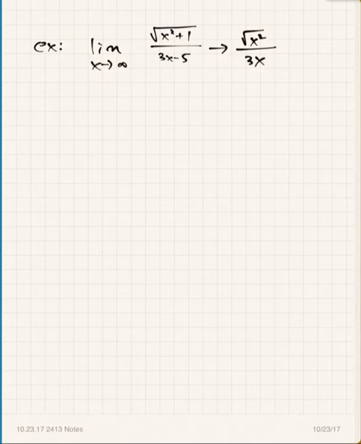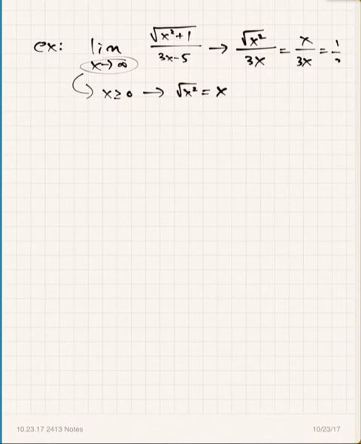And what's true, if x is going to infinity, x has got to be greater than or equal to 0. And so if that's true, the square root of x squared is x. As long as x is greater than or equal to 0, that's legal to say that. And so what do you get here? That this is x over 3x, or 1/3.